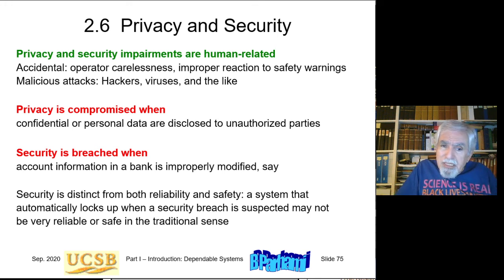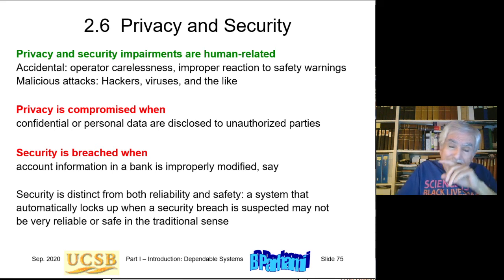Now, security is distinct from both reliability and safety. A system that automatically locks up when a security breach is suspected may not be very reliable or safe, but it's secure.